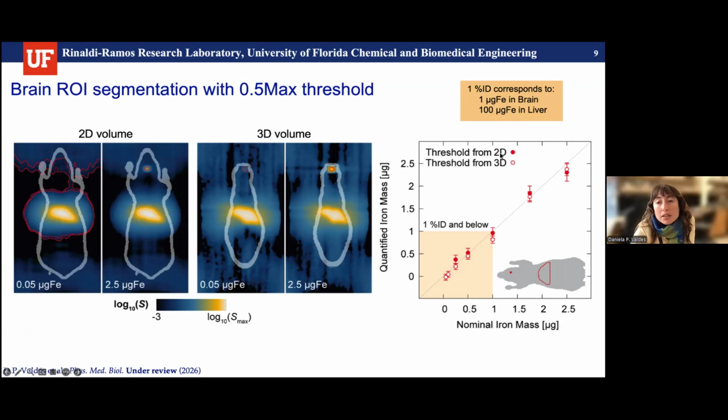So here in the parity plot for quantified iron mass and nominal iron mass, you might see that for 2D, we're missing the last two points where this problem is happening. But for 3D, the quantification is pretty good. We don't have problems segmenting. For 2D, it's not that bad since we are actually quantifying successfully 3 of the masses below 1% injected dose.